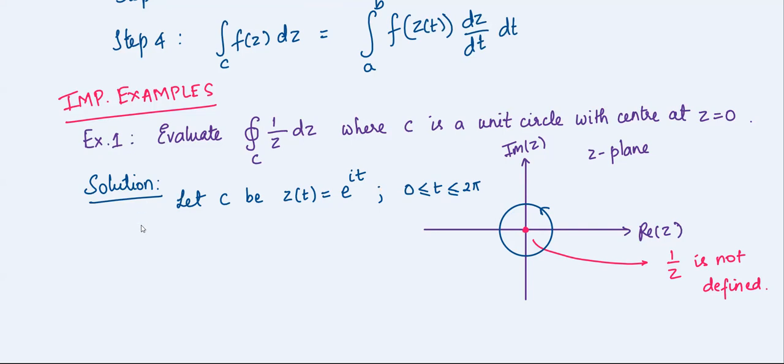All right, so now let us find dz by dt, which is e power it into derivative of it, that is I. Now let us do this integral.